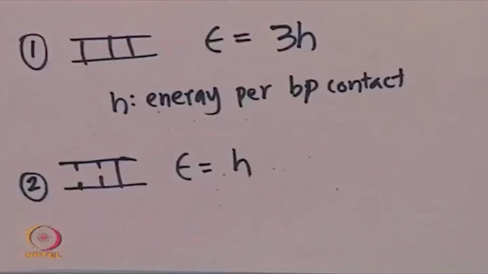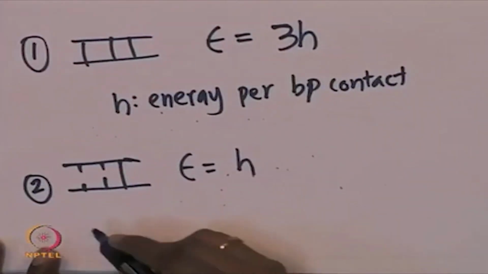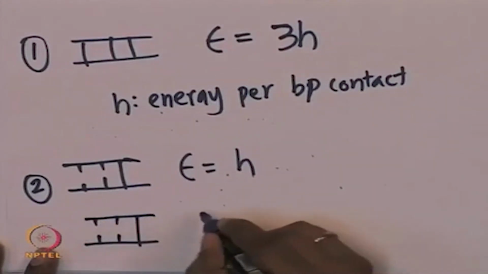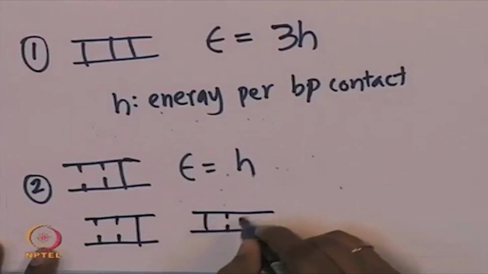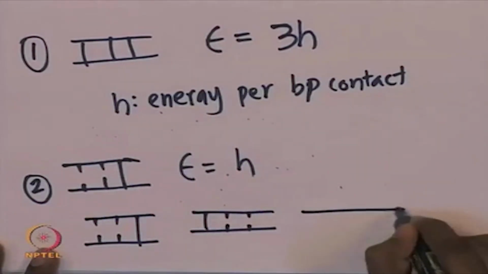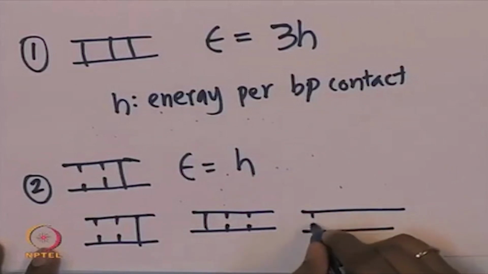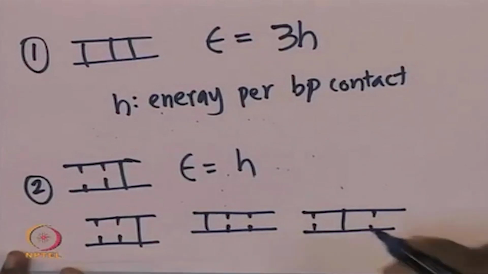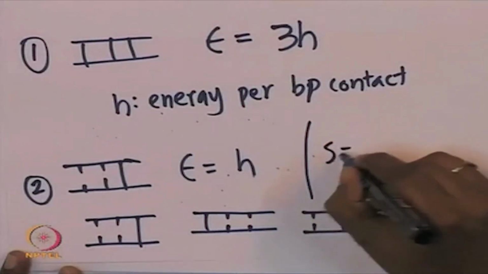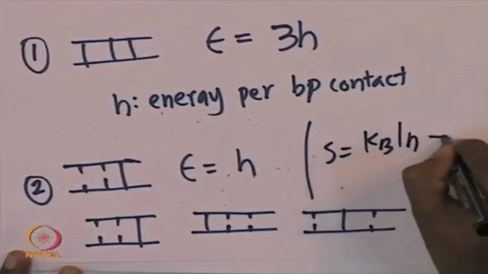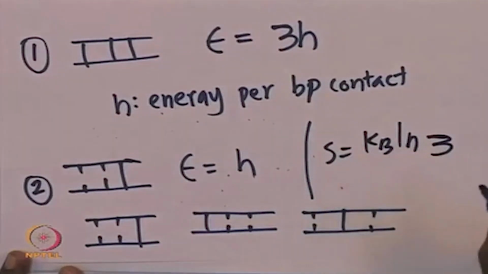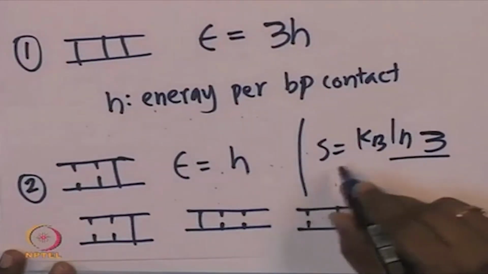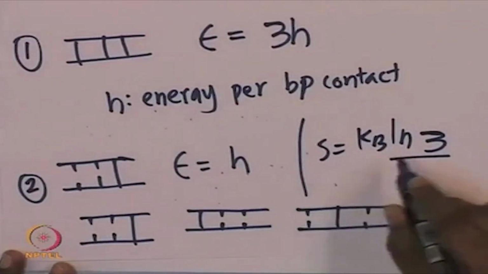Now, similarly, we can calculate entropy for this. There are 3 cases possible. Think about it, such a state is possible. You can have this and this two broken, this is another state possible. You can have this broken, and the middle one, so 3 states possible. So, the entropy for this is Kb log 3. Log 3 is roughly 1, so entropy is say Kb.